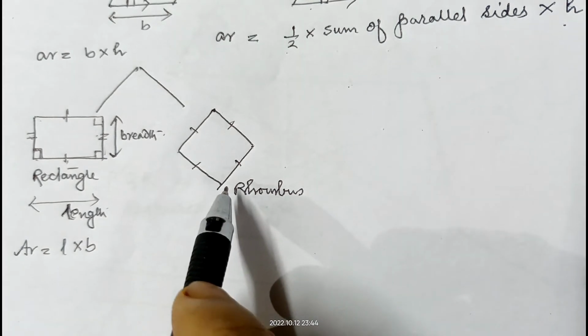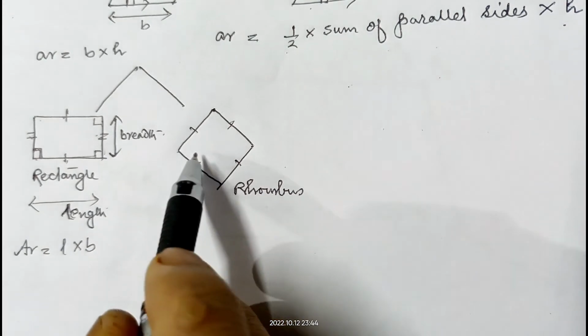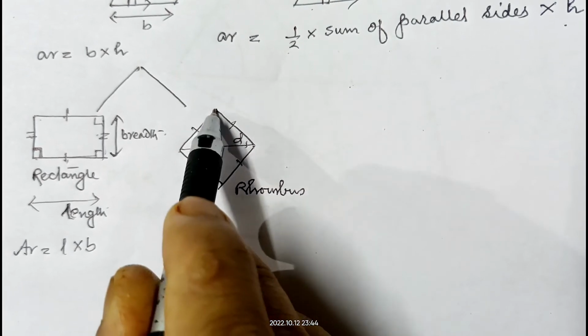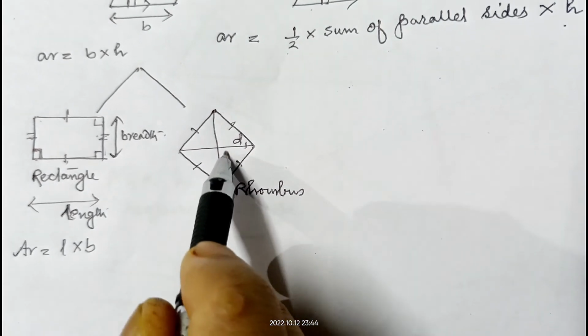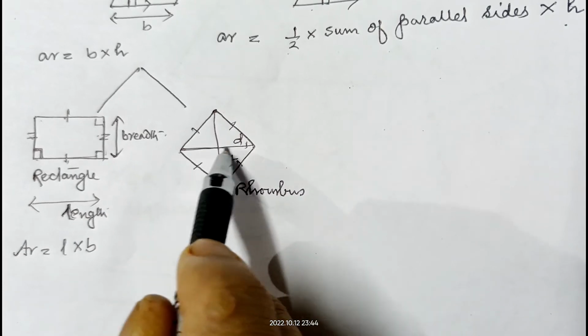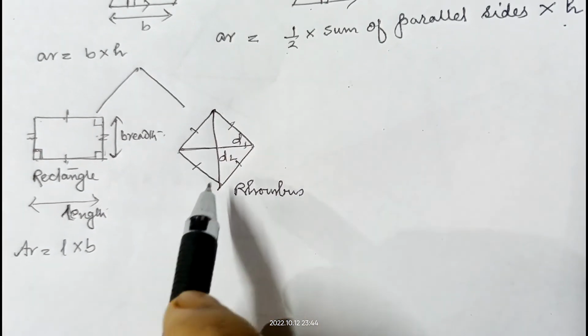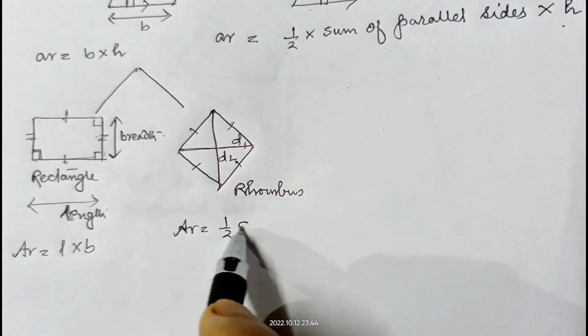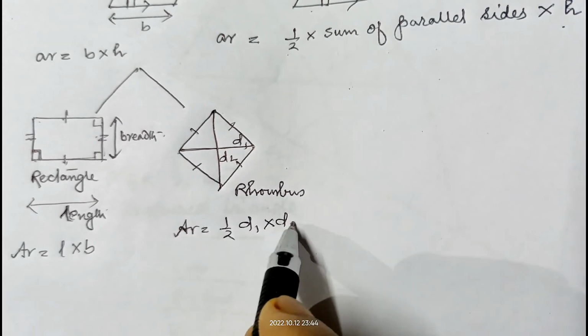In case of a rhombus, if we want to find the area, we have to consider its diagonals. Suppose this diagonal is D1 and this diagonal is D2. Clear? Then area will be half into diagonal 1 into diagonal 2.